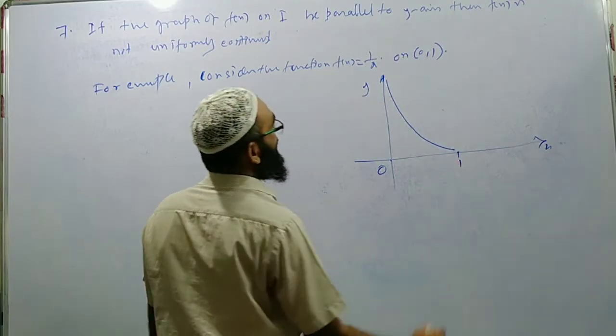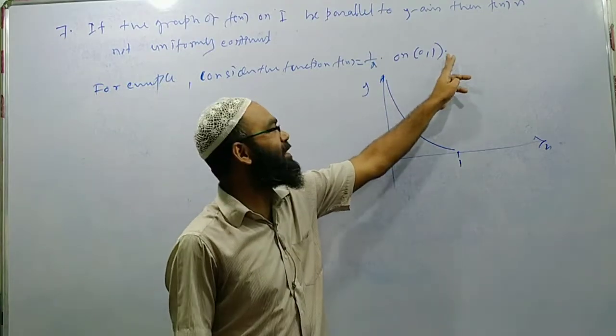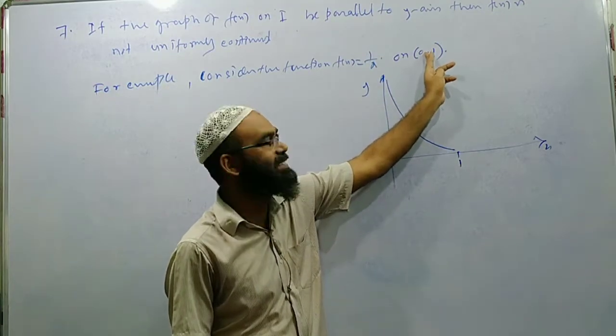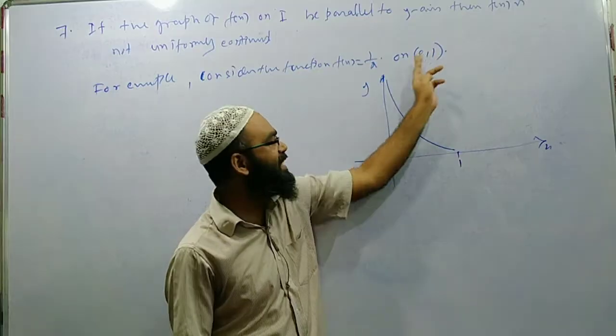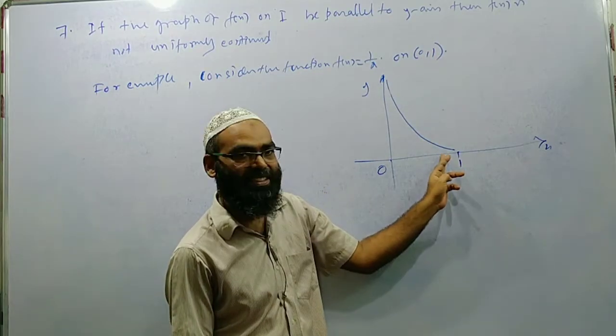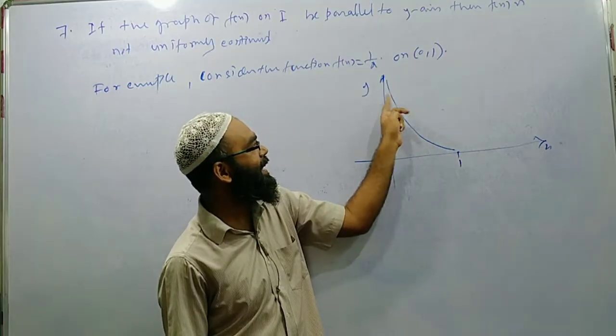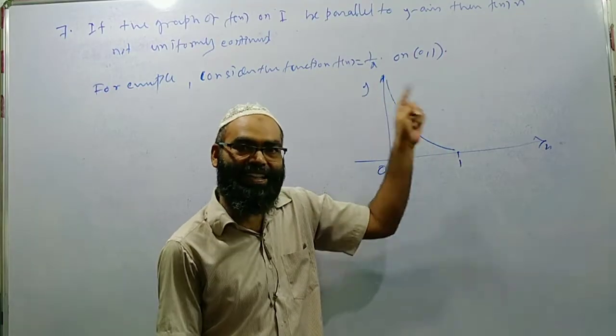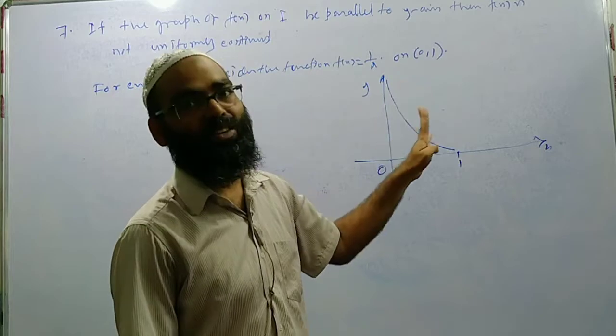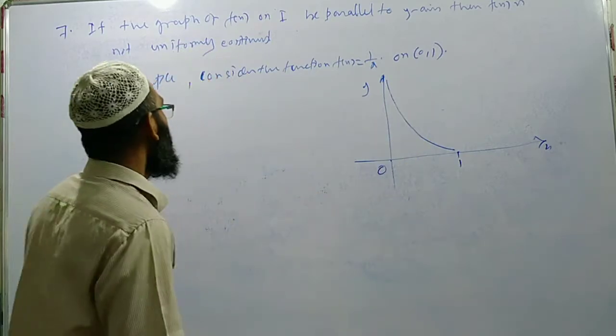And the open interval here is I equal to the open interval (0, 1). The graph of the function f(x) on this interval is this, and it is clear that the graph is parallel to the axis of y, and hence f cannot be uniformly continuous.